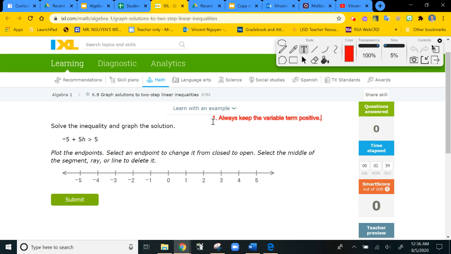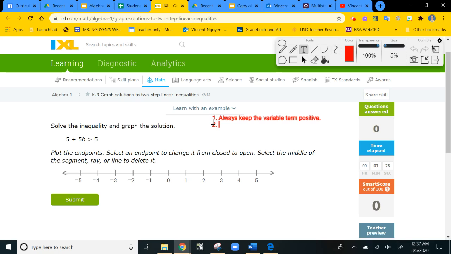Well, because we're solving for a positive variable, and when you're doing inequalities, whenever you have a negative variable term, you have to divide or multiply by a negative. You have to switch the inequality symbol. And if you are keeping your variable term positive always, then you don't ever have to remember to switch the inequality symbol. Okay, so that's going to help you out.